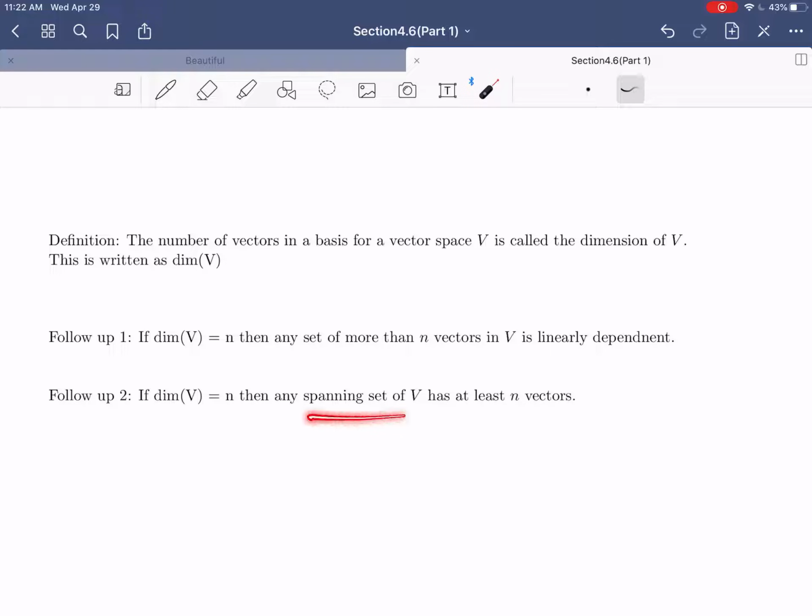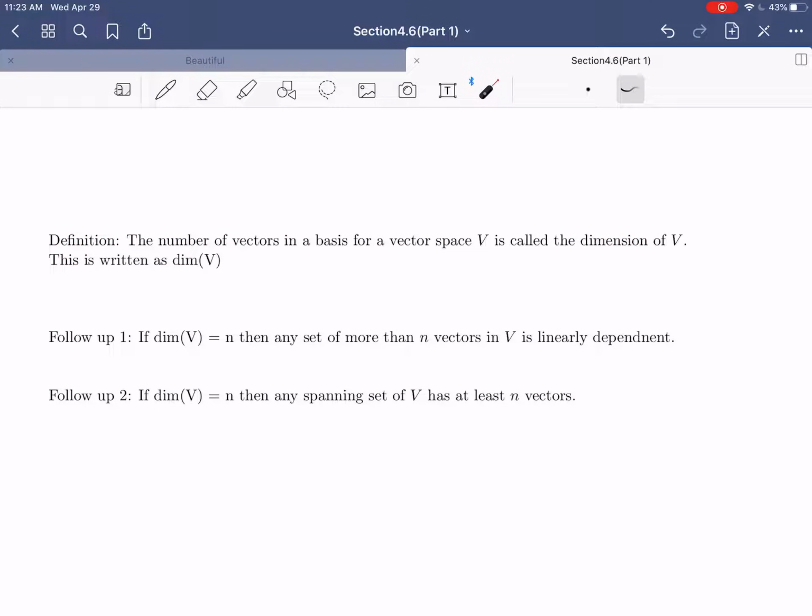So if you had a spanning set with less than n vectors, you could make it even smaller and keep it as a spanning set. But if you made it smaller, it would become a linearly independent spanning set. That would become a basis, and it would violate the rule that every basis is the same size. So if you know the dimension is n, then every spanning set has at least n vectors.